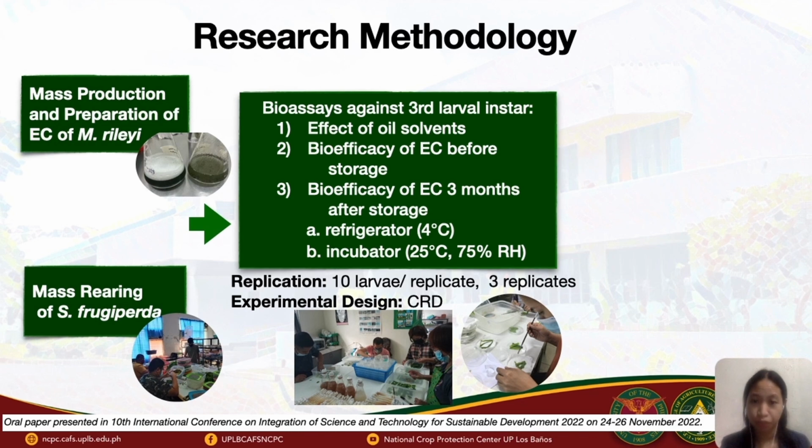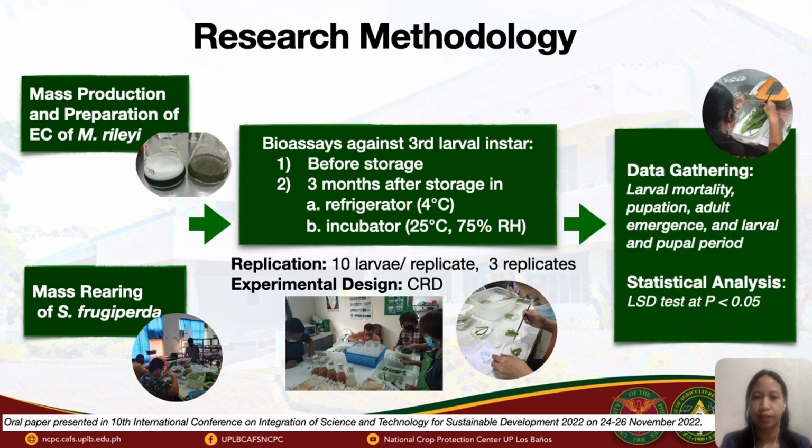Treated leaves were introduced to third instar larvae that were cultured singly per Petri plate. Fresh, surface-sterilized leaves were fed to test larvae daily. Experiments were laid out in a completely randomized design, or CRD, and treatments were replicated thrice with 10 test larvae per replicate. In the experiments, we gathered the following data: the larval mortality, pupation, adult emergence, and larval and pupal period.